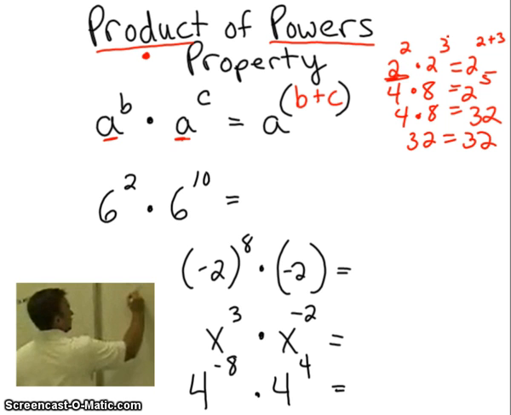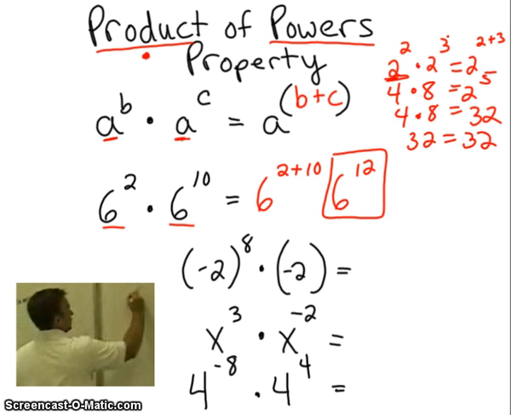So 6 to the 2nd times 6 to the 10th is 6 to the 2 plus 10, or 6 to the 12th. We're not going to solve this out, because you get a big number. We're multiplying 6 12 times, so just write it out.